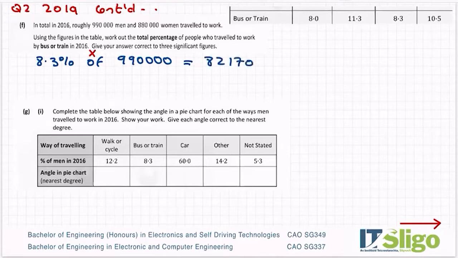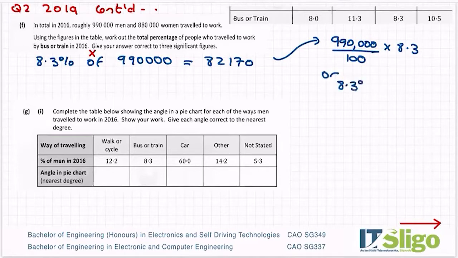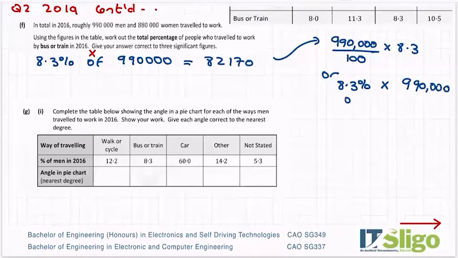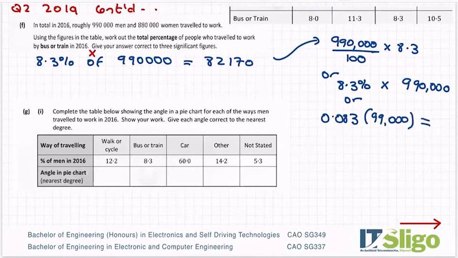Just to explain what I mean: you can go 990,000 divided by 100 and multiply by the percentage you want, or you can go 8.3% on your calculator and do it that way, or you can convert the 8.3 to a decimal and do it that way. Each of them should give you 82,170. Okay, so that's the men.